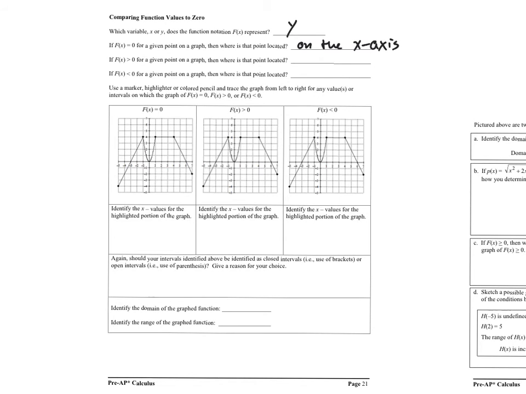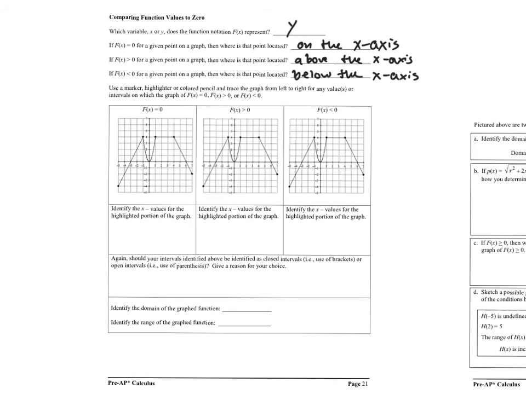If f of x is greater than 0 for a given point on a graph, then where is the point located? So it's above the x-axis. So y is positive here, okay? Y is positive. Now, if f of x is less than 0, so y is negative for a given point on a graph, then where is that point located? Well, it is below the x-axis because y is in fact negative.